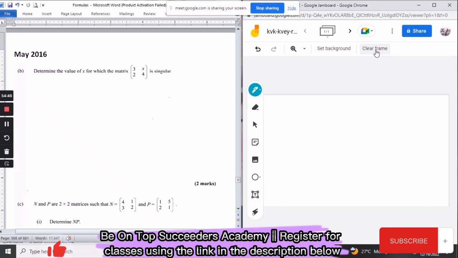When you are finding the determinant, I also have a previous video done on that. You usually take A multiplied by D minus B multiplied by C. And you have to remember which number is in the A position, the B position, the C position and the D position.